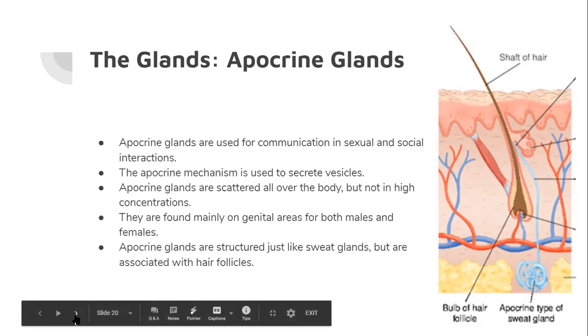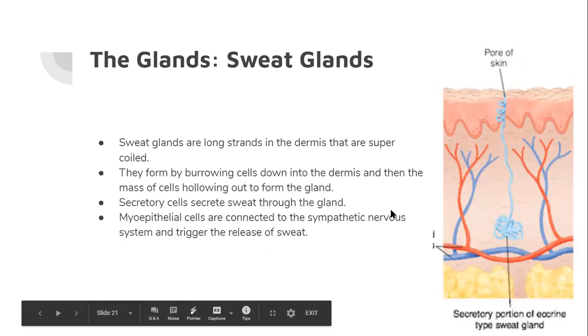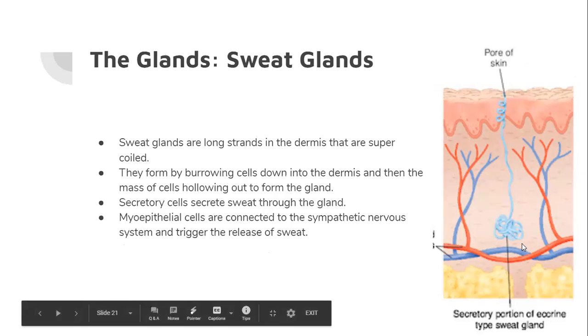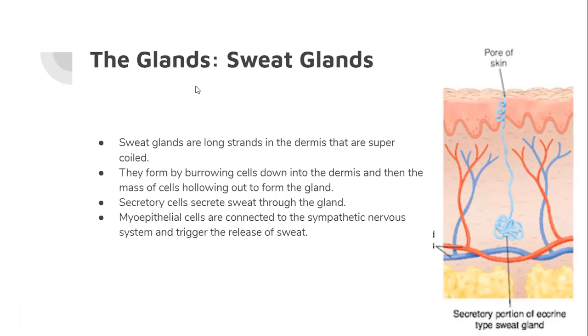So they're scattered, they're not very concentrated. So that's apocrine. Sweat glands, as we were talking about before, they burrow down, highly coiled here. They form, and they're burrowing cells down into the dermis, and then the massive cells hollow out. So that's pretty interesting because the outer cells thin out, and the outer cells are called the myoepithelial cells, and they're actually connected to the sympathetic nervous system.